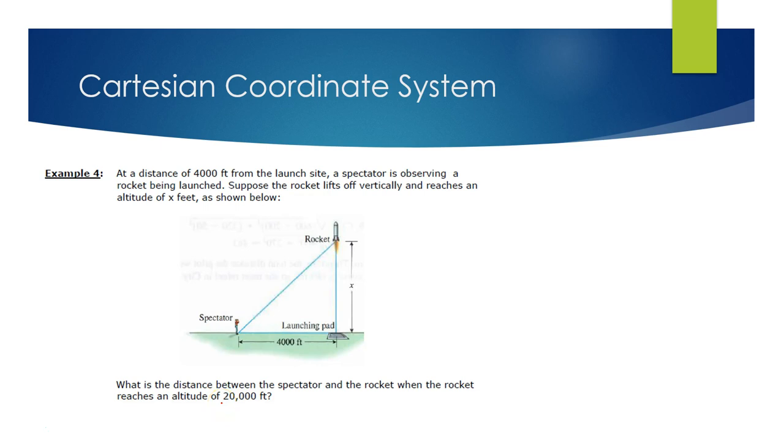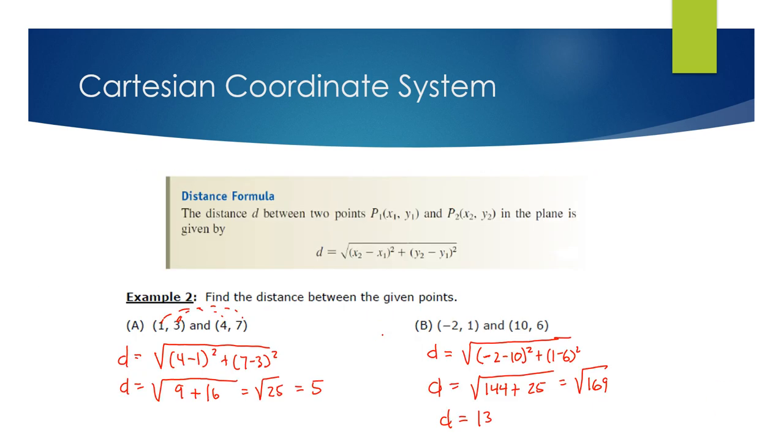Distances can also be used, and to kind of go back to something really quick here before I move on too much. When I do the distance formula, what's really going on is, if I have my one point and my other point here, and I'm trying to find this distance, what it's really saying is that if I find this distance here, which is my x2 minus x1, and if I find my y distance here, which is my y2 minus y1, I should be able to find this.